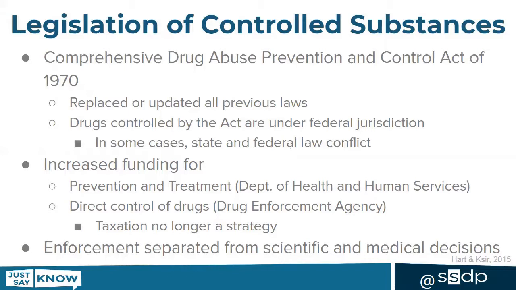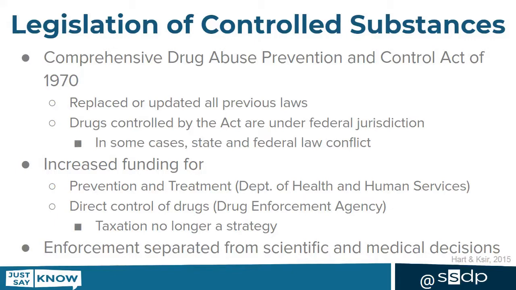We were going to be doing things based on research and taking a rational approach to balancing public health with law enforcement. We were supposed to have some funding for research, treatment, and prevention. Some drugs could be controlled directly versus taxing or commerce, and so we introduced that under the DEA because taxation was no longer seen as a viable strategy.